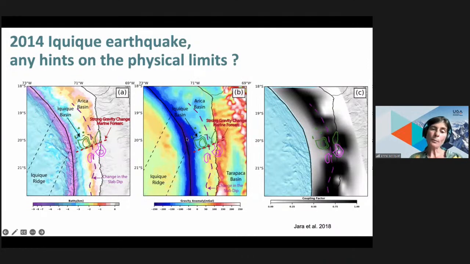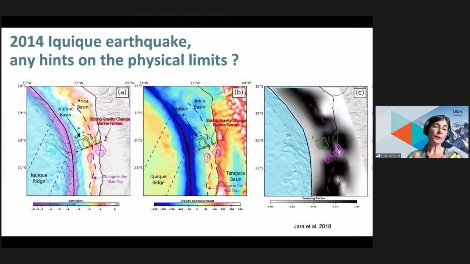But we can also make some links with the gravity anomaly and also with the bathymetry. So it seems that looking at the geophysics and the permanent features, we can have some estimates of the lateral segmentation that may control the rupture and the arrest of the seismic events.